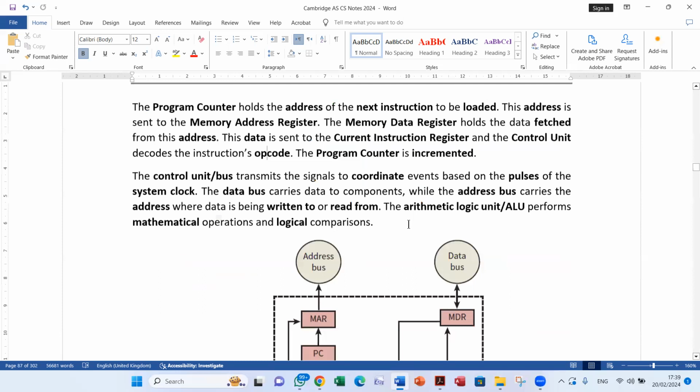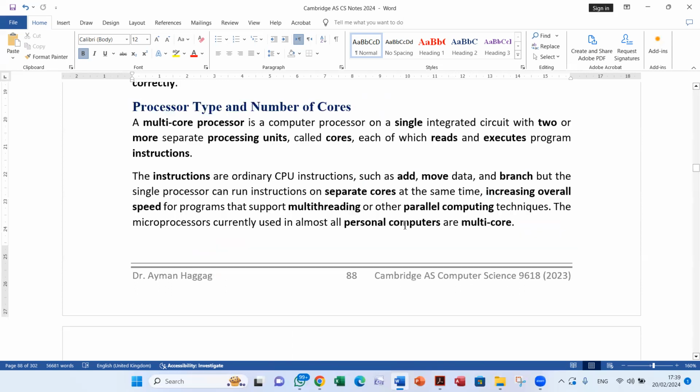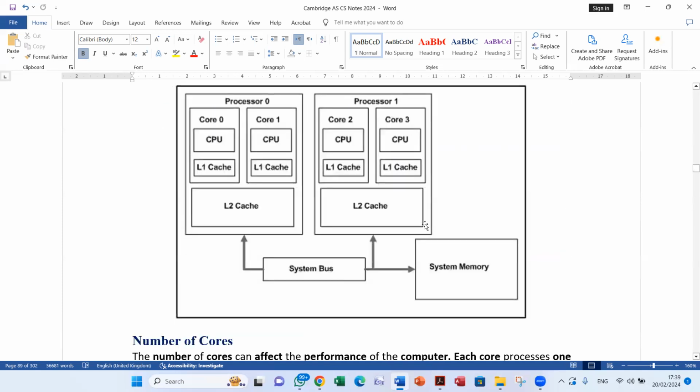So the multi-core processor is a computer processor on a single integrated circuit with two or more separate processing units called cores, each of which reads and executes program instructions. So we may have a dual core processor or quad core processor.